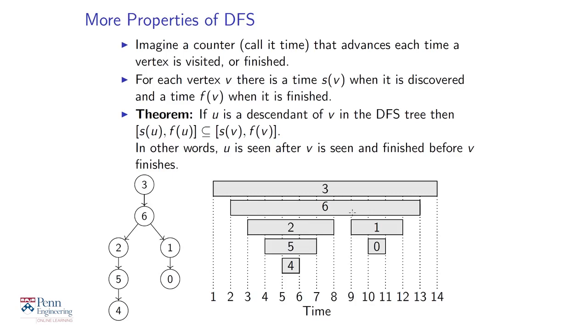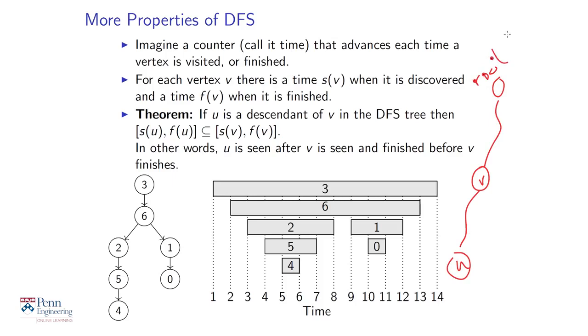A node U is a descendant of a node V if you can go from V to one of its children, and from there to another of its children, and so on, keep going down through one of the children until you get to U. Basically, in the tree, V lies on the path from the root to U. That's when V is an ancestor and U is a descendant. So V is an ancestor of U, meaning that the picture looks like this. The root is somewhere here.